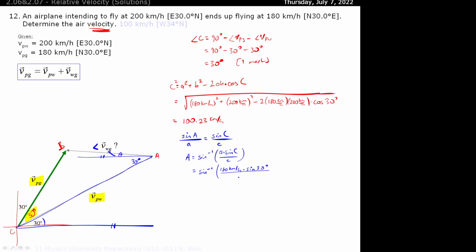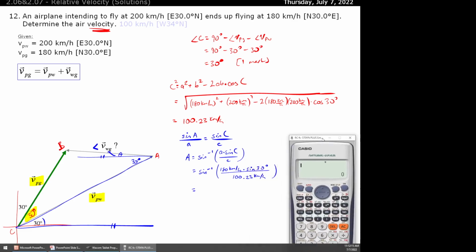Where's c? c is VWG, yeah, 100.23 kilometers per hour. Sorry, sometimes I do things by instinct because you can see it's more or less the same process over and over again when you're solving for it. You're just doing chess moves until you can fill in all the blanks. Or Sudoku if you want to think about it that way.